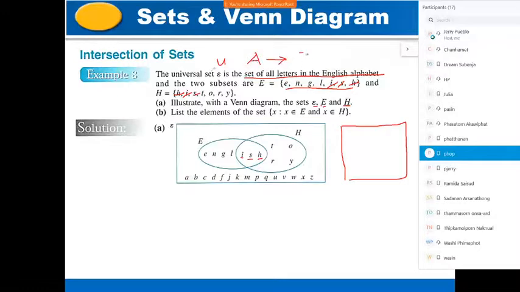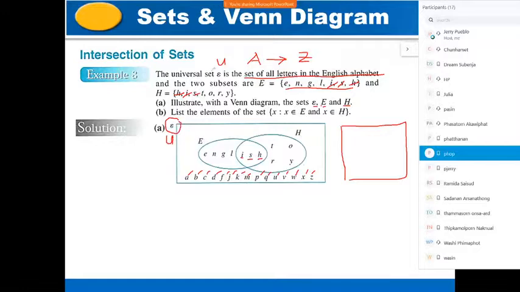From A to Z. That's why those letters that you cannot find in E and H, you put outside, like letter A, B, C, D, F, J, K, M, P, Q, U, V, W, X, and Z. Those are letters that you cannot find in set E and set H. So these letters are part of the universal set, or sometimes letter U.